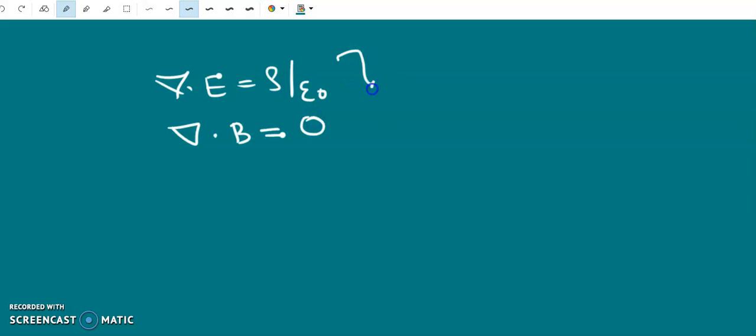So we have 4 equations in the case of static fields, which is del dot E is equal to rho by epsilon 0. So this is the same for the dynamic field also, and del dot B equal to 0. So those two divergence equations are the same for the dynamic case, and therefore these are Maxwell equations.